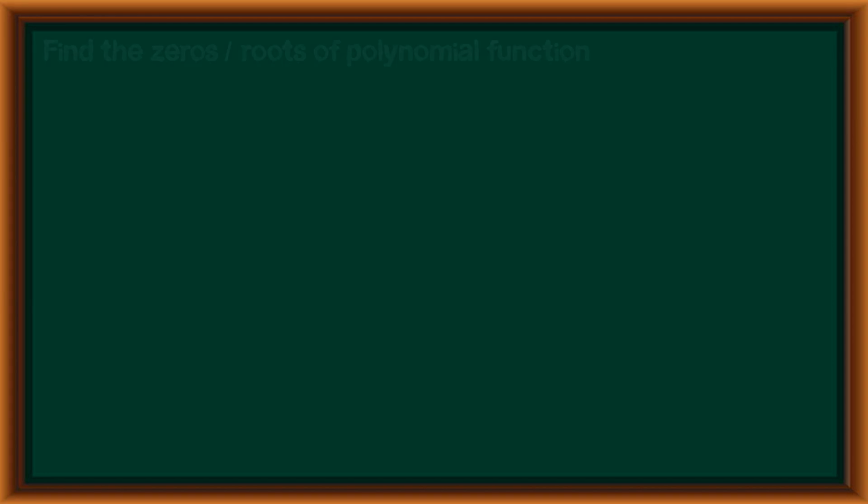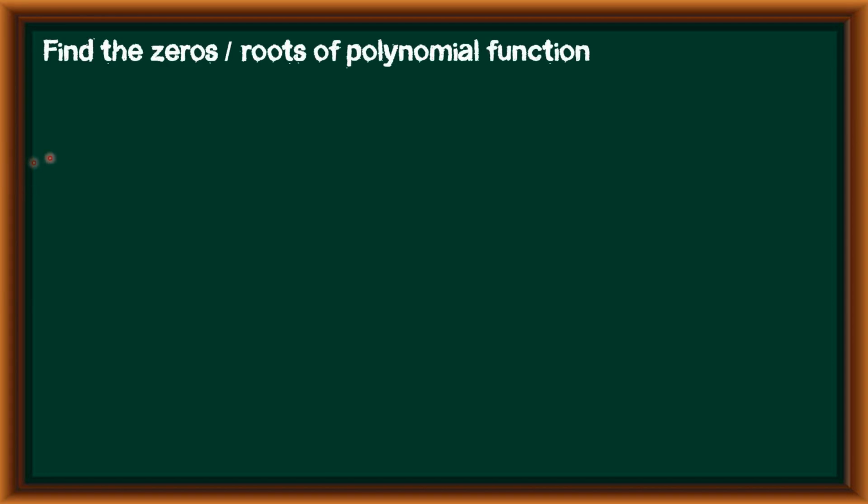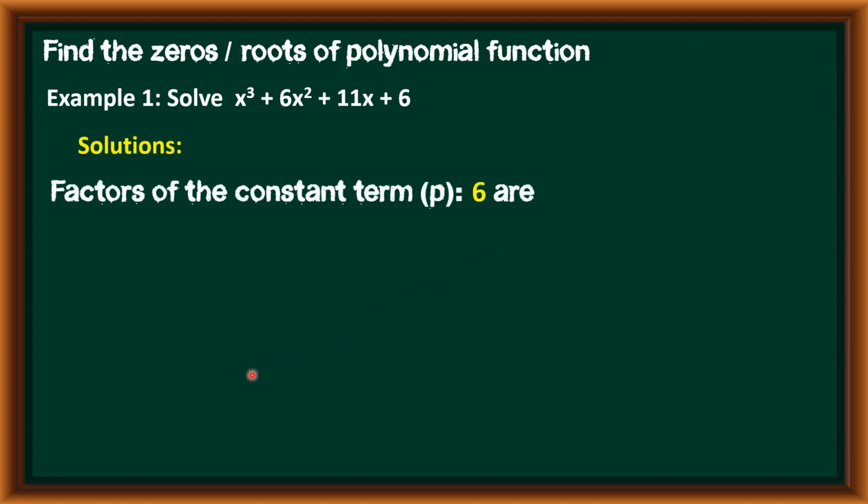Now, let us have more examples. Find the zeros or the roots of the polynomial function. Solve for x cubed plus 6x squared plus 11x plus 6. Okay. Ngayon, ang hahanapin natin, hindi lang yung mga factors and possible rational roots, kung hindi mismo yung mga rational roots niya. Okay.